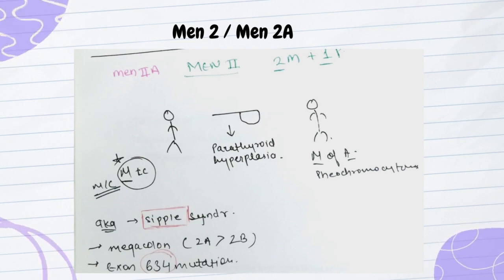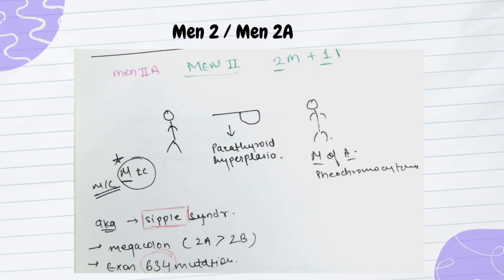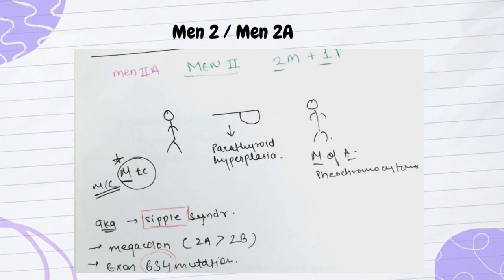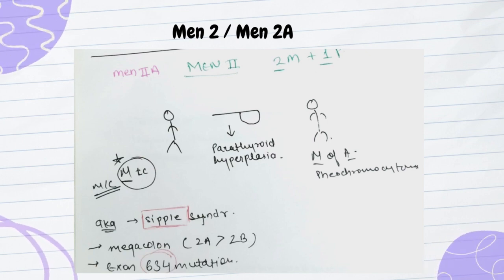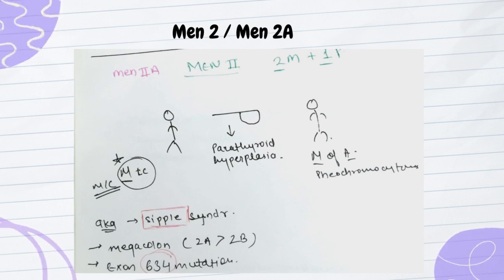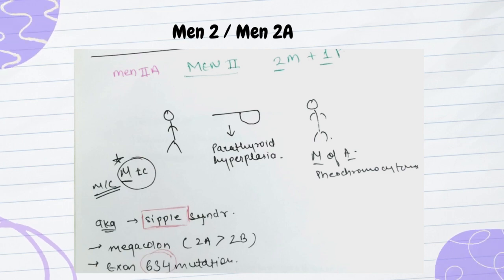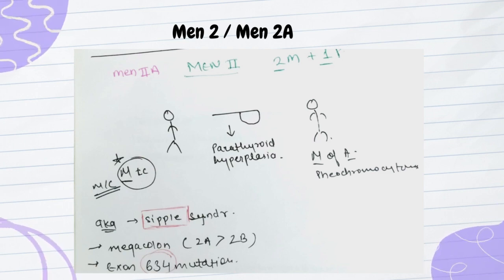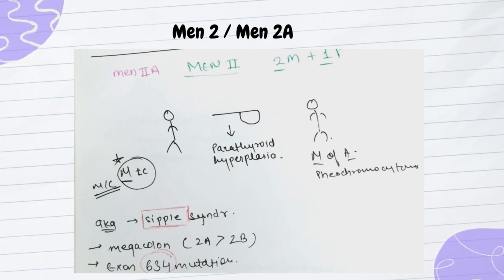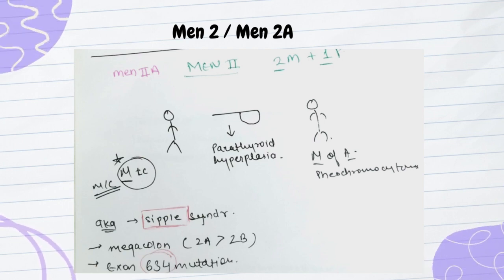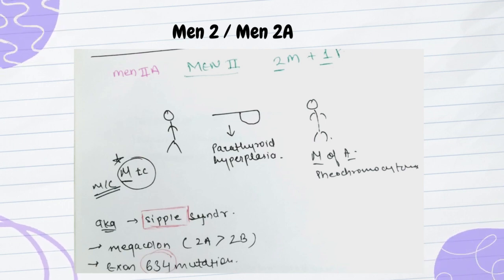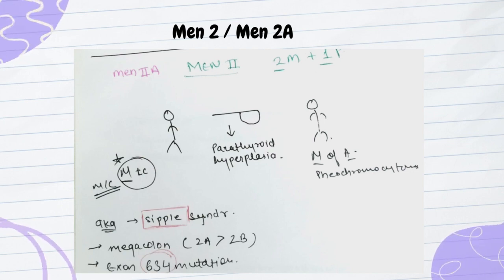So the P is parathyroid hyperplasia. And one M indicates pheochromocytoma, and the other M is medullary thyroid tumor, which is very common.